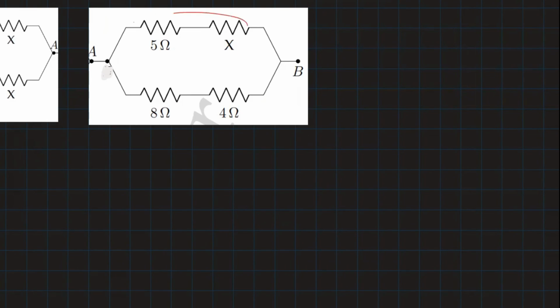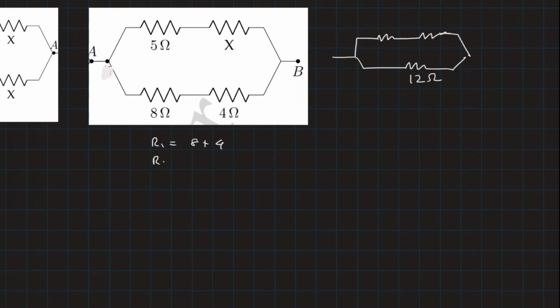In this question, we have these two in series and these two in series, and the resultant of that is parallel to each other. So we can have 5 and X, and the other one is 8 and 4. So instead of this 8 and 4, I can call this 12 ohm. So we can see that R1 is 8 plus 4.